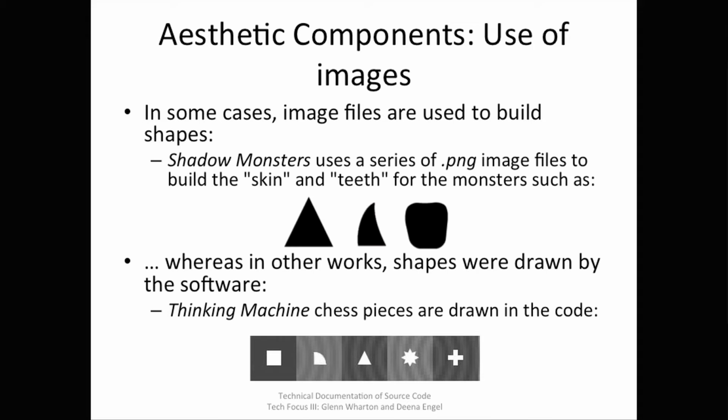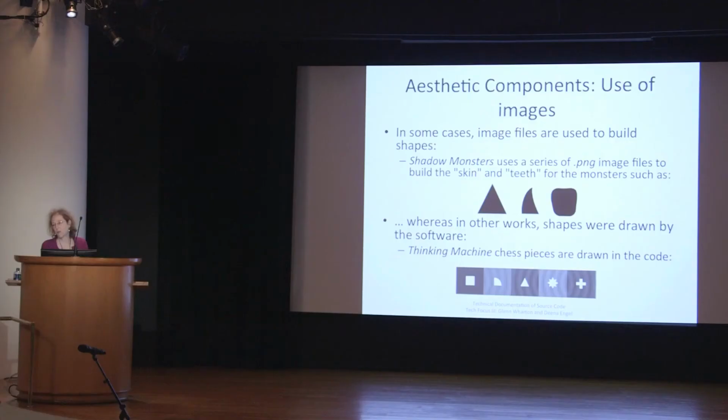But in Thinking Machine, all of the chess pieces are dynamically drawn as the piece runs. So what this means is that as you're working with the piece or conserving the piece, for Thinking Machine, there are no external image files to worry about. On the other hand, if there are any variations in the software, it can have a dramatic impact on how the images actually look.